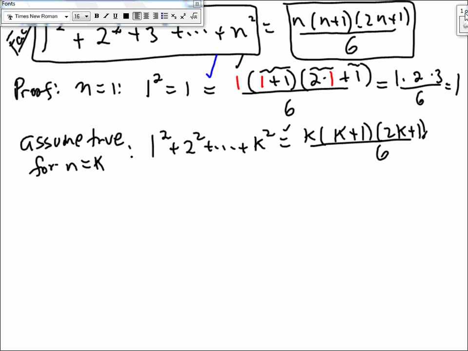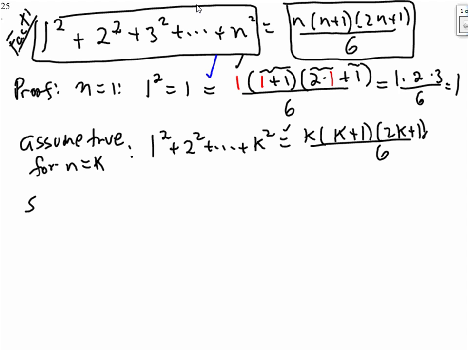Now, we want to show that this is also true for not k, but the next integer. We want to show for n equal to k plus 1 the following. So instead of n, in the top line, I'm going to write k plus 1.